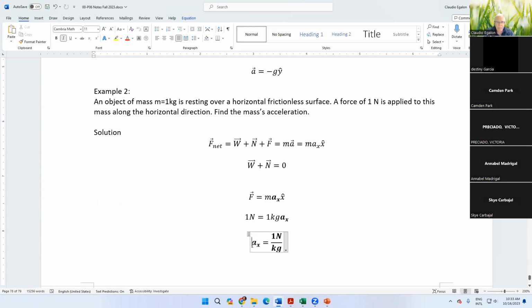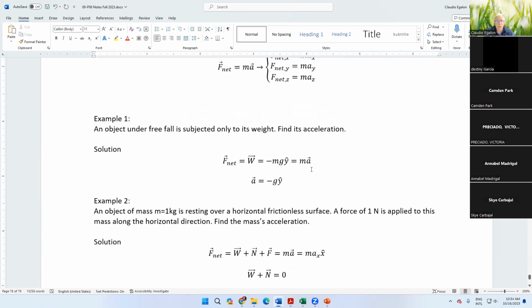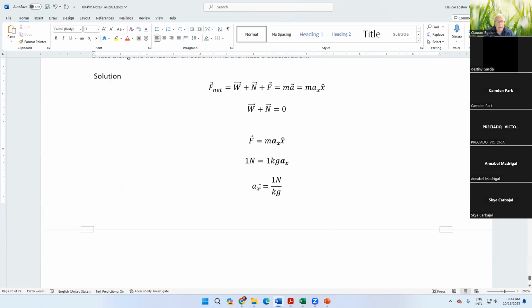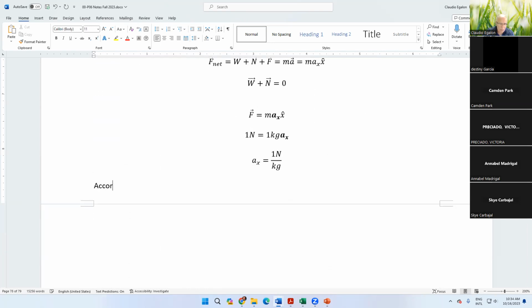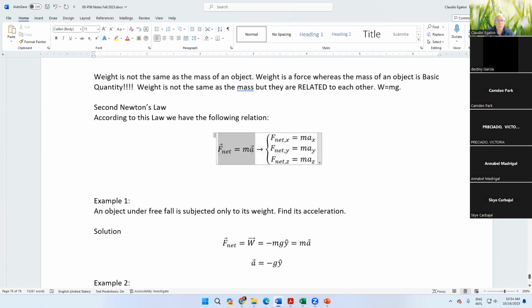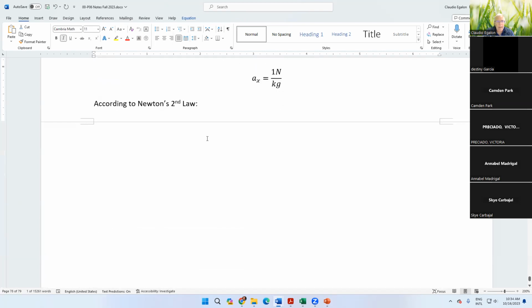But according to Newton's second law, F equal to ma, right?